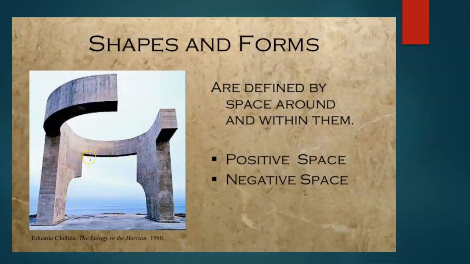So it creates this negative space, and within that negative space we can see that there's a shape. And we also see that there's negative space here and here. So the form of the sculpture itself is taking up the positive space, and the emptiness around it and within it are taking up the negative space.